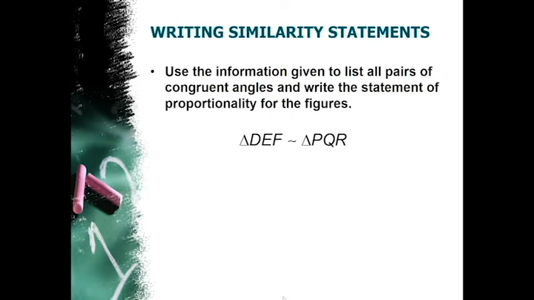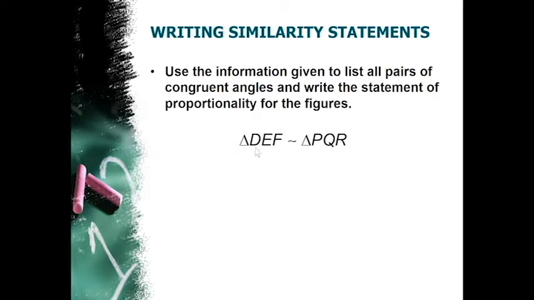In this example, we're going to use the information given to list all pairs of congruent angles and write the statement of proportionality for this figure, just based off of the similarity statement. So the similarity statement we have here is triangle DEF is similar to triangle PQR.